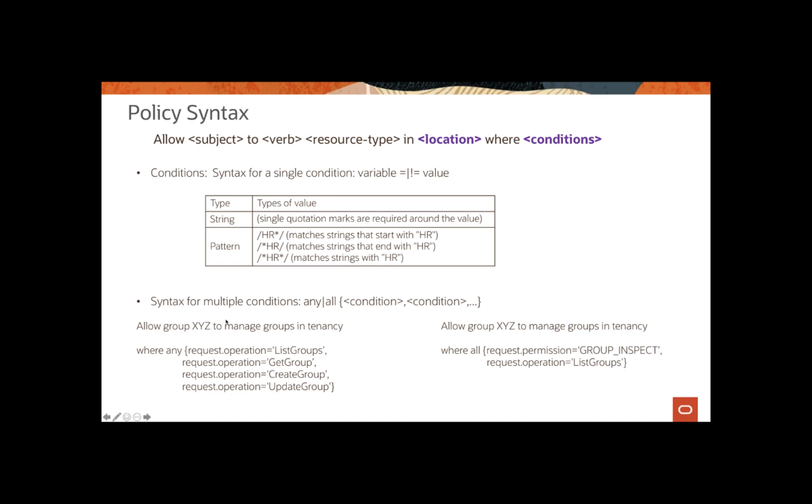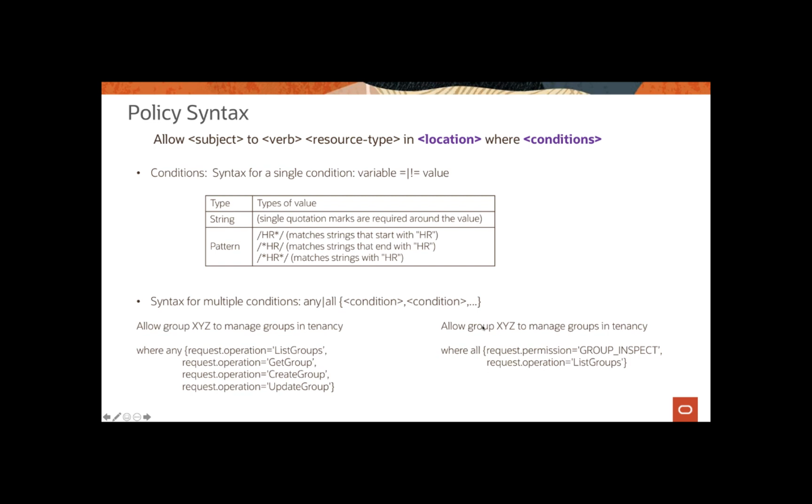In this example, you allow this group XYZ to manage groups in tenancy, where any of request dot operation is all of this, right? So if any, this is an or kind of operator. And in this other example, where the keyword is all, this is an and kind of operator. So both these conditions need to be true for this to be valid, right?